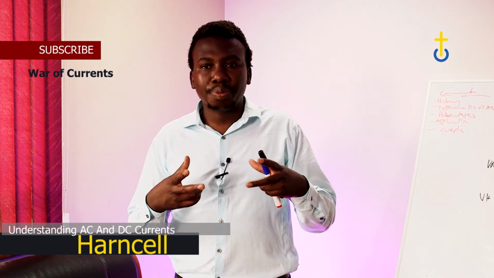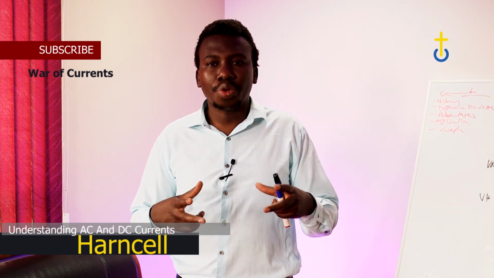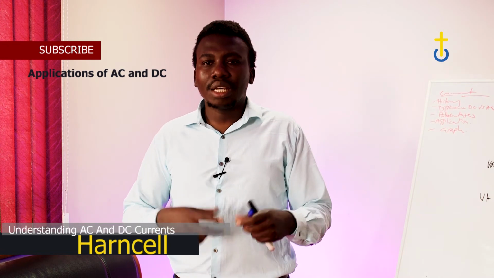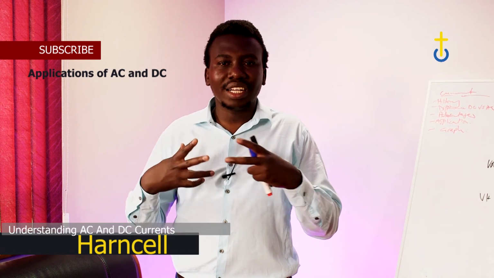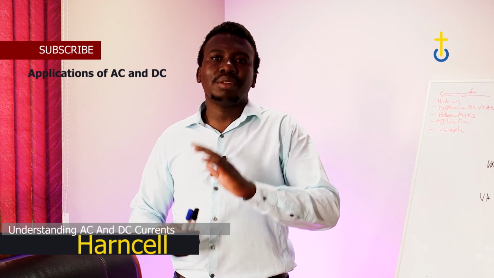He came up with a way to prove to people that AC power, in as much as it was dangerous, could still be used safely. He came up with a way of passing AC electrical current through his body without him being electrocuted. Don't even try to imagine that. It was crazy. It was crazy. And so, in the end, the general public was convinced that AC could be used.